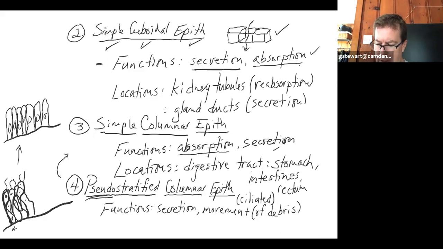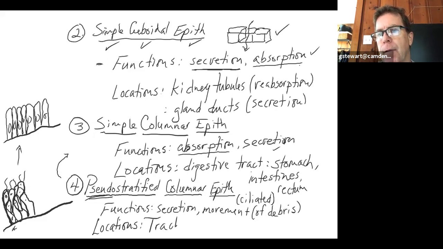The classic location of this is the upper respiratory system. So the trachea and associated structures are the biggest. We have this type of tissue lining our airways, our major bronchi and the trachea, and they secrete mucus.